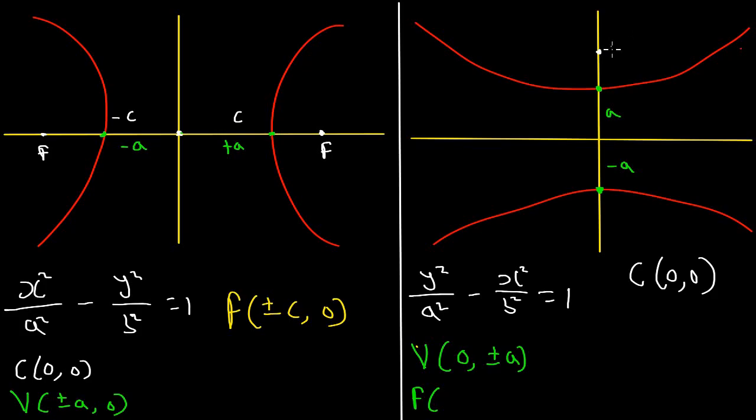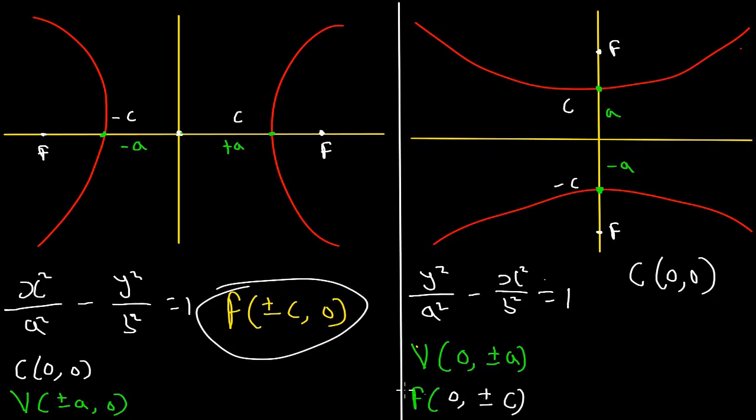So if this is the first focus and this is the second focus, remember we said all the way upward for the positive axis there's going to be c units, and all the way downward for the negative y-axis that's going to be minus c units. Since these values are y values, and the hyperbola is centered at the origin, it means the focus is going to be 0, plus or minus c. This is the difference with that of the horizontal orientation.